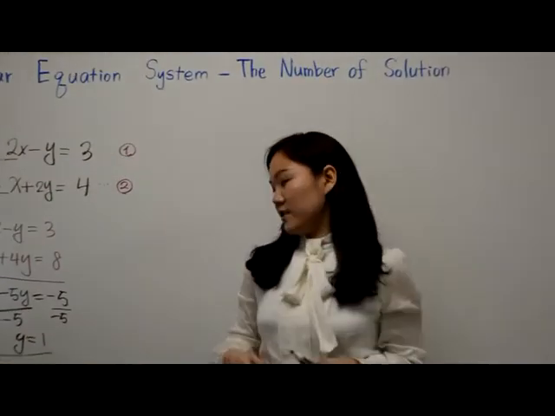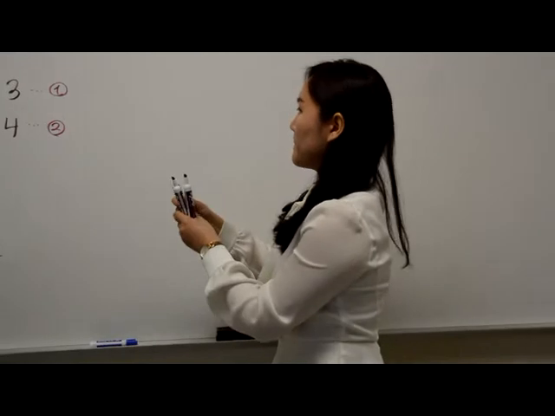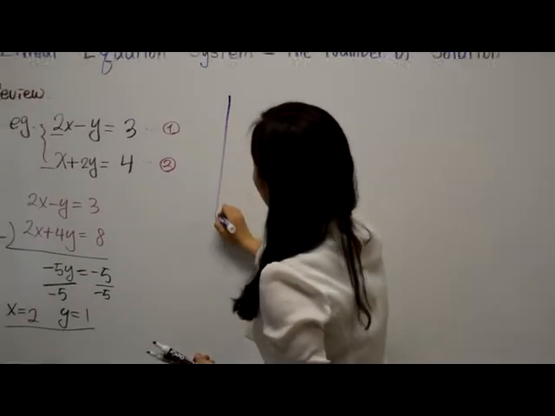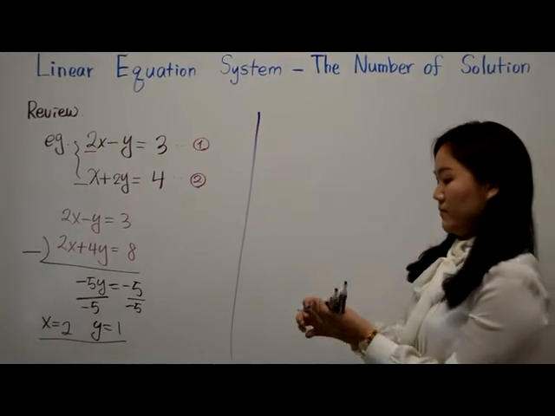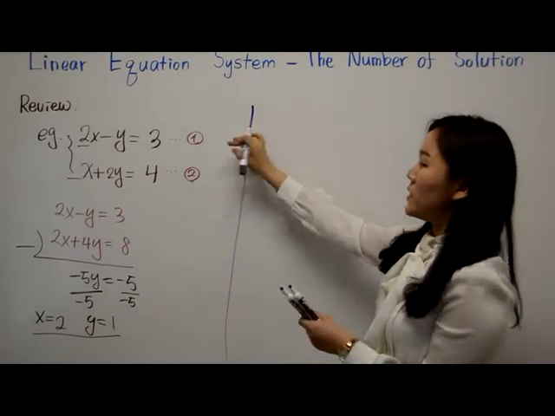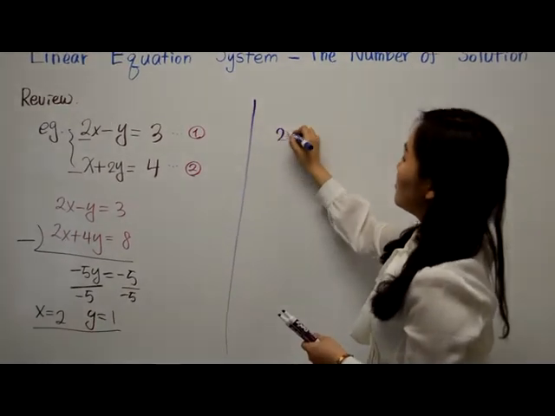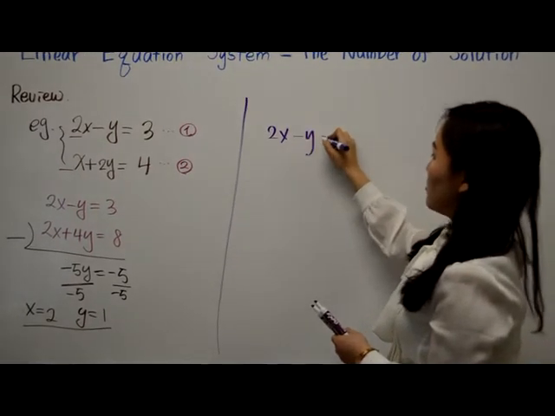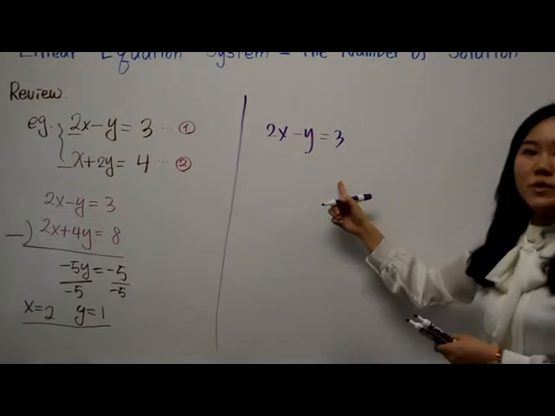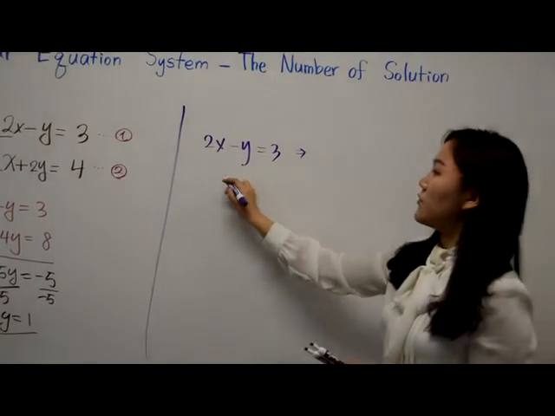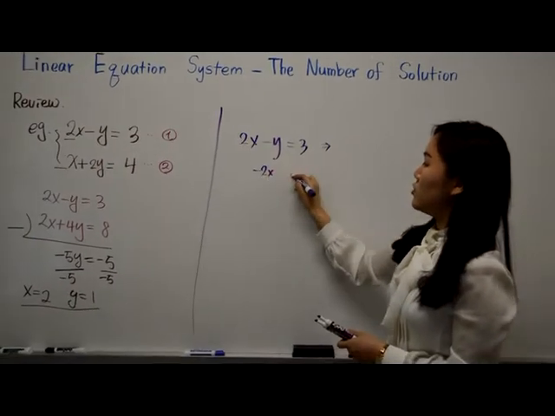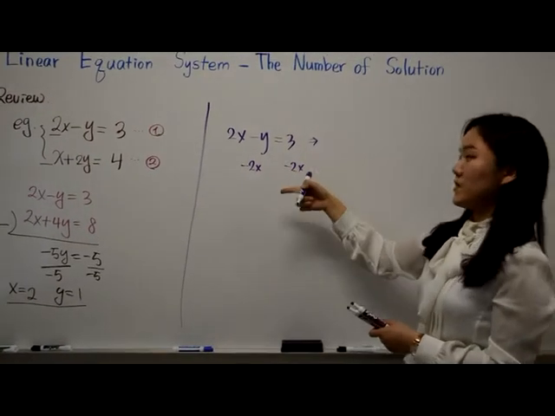Now let's start today's lesson. Can you graph these two equations? For the first equation, 2x minus y equals 3, I need slope-intercept form, right? So start with subtracting 2x from both sides.